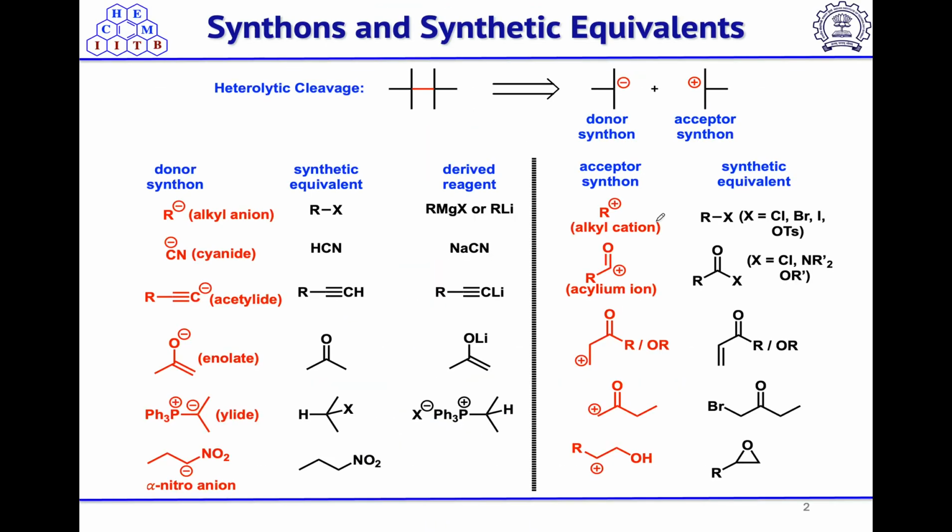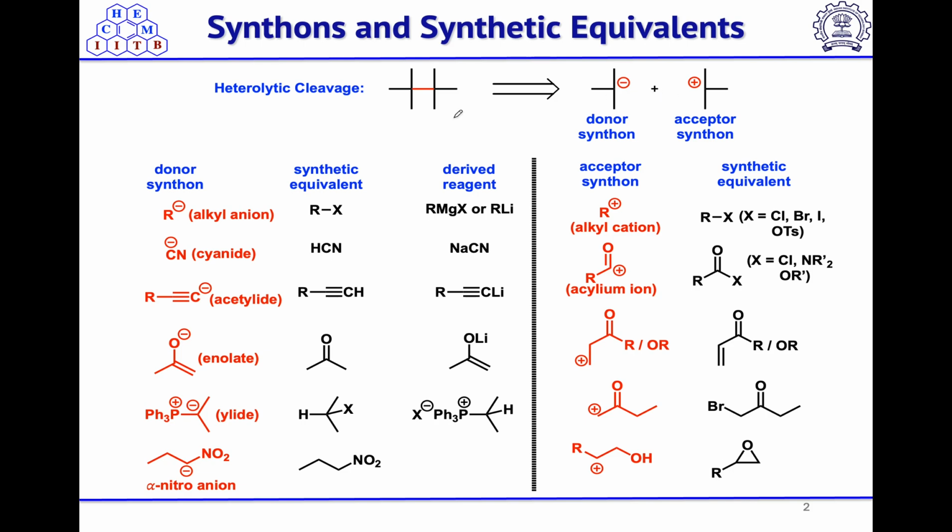Coming to synthons and synthetic equivalence, we have talked about these already. Whenever we break any carbon-carbon single bond by heterolytic cleavage, we can get a donor synthon and an acceptor synthon.